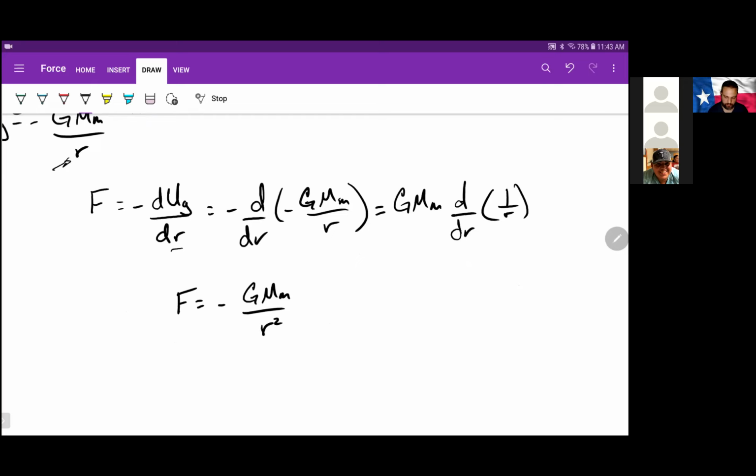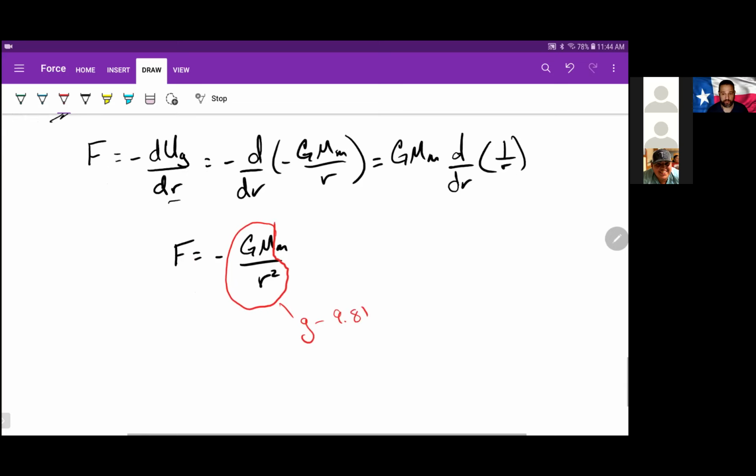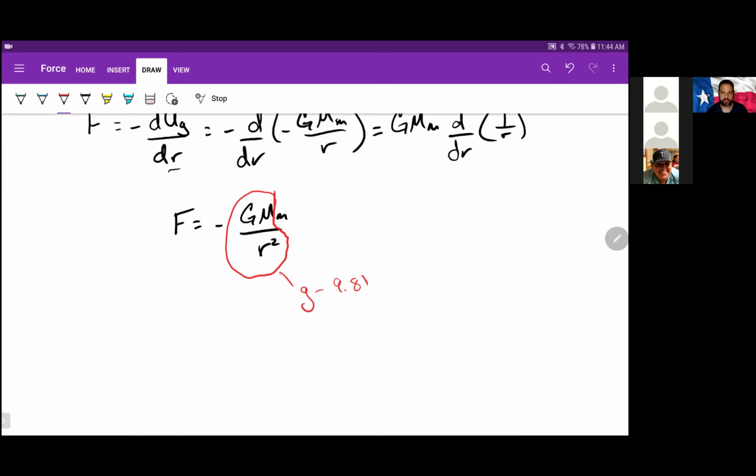Hopefully you recognize this little bit here. We've seen it before. This gives us g. We saw that back when we were looking at the energy. That's how we got the mgy on Earth. That's true on Earth.